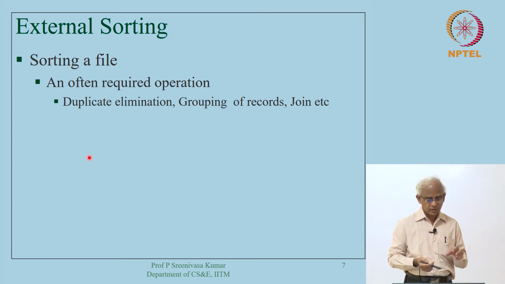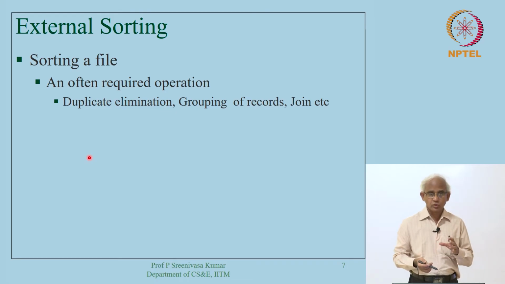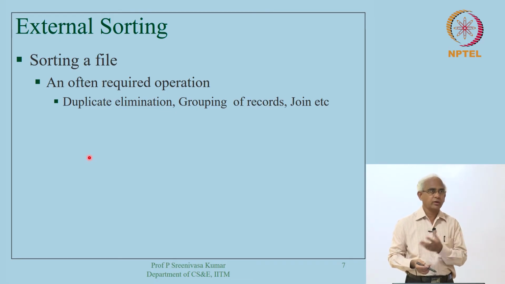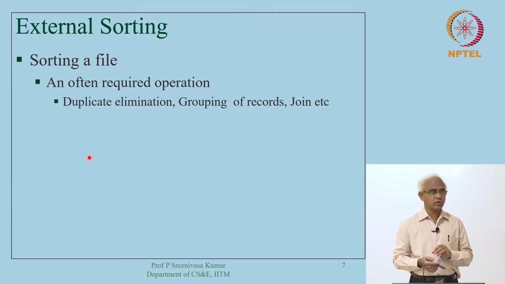Sorting appears in some step or other, because either you have to do duplicate elimination or grouping, or sometimes we can use sorting as a method of joining records. I will talk about sort based joins, especially if one of the files is sorted, then it might be advantageous to sort the other file and then merge these two files to do a join. We will come to the join operations a little later.